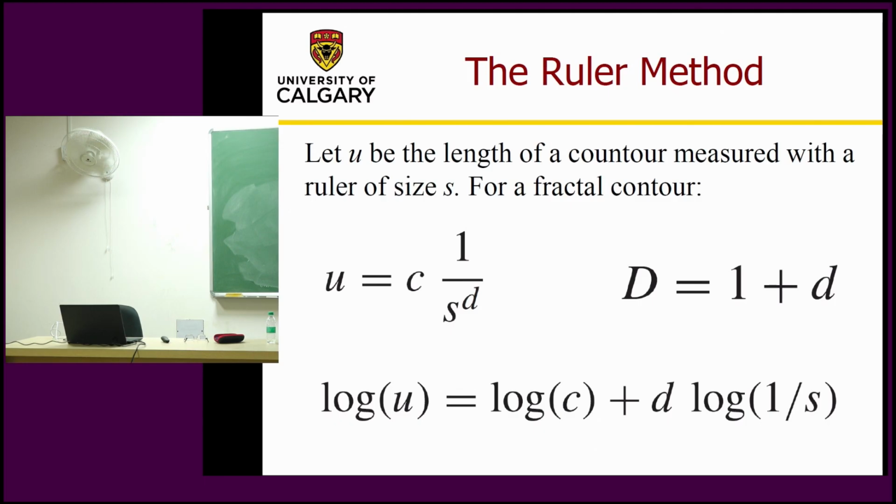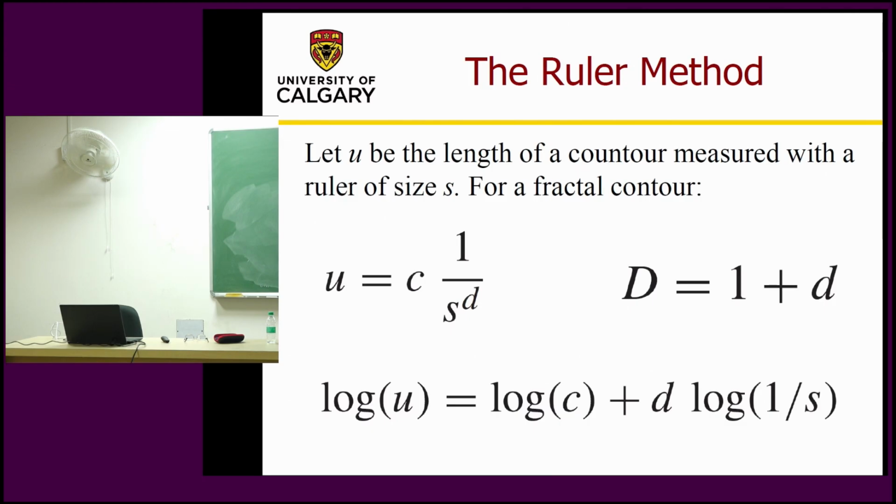If my ruler is of this size, I start from here, and the next point will be where it intersects. This is my ruler size, and this is the starting point. Then I take this and intersect, like calipers, your divider. You say, okay, the next point is that. So I'm measuring that. All of this is lost.